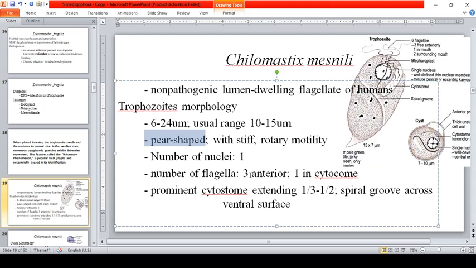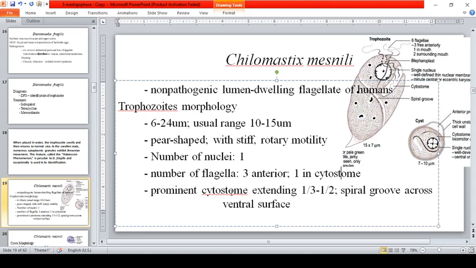Number of flagella, there are 4: 3 in the anterior and 1 in the cytostome. This should be cytostome, guys. Cytostome. One anterior and one in the cytostome.